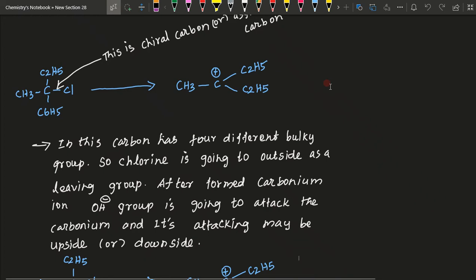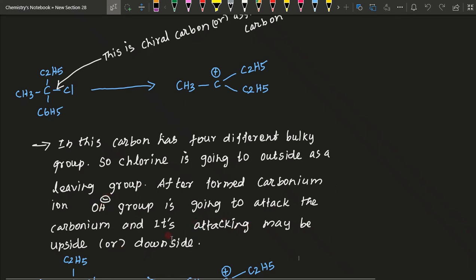OH means OH minus. This negative charge is going to attack this positive charge. This OH group has one negative charge.